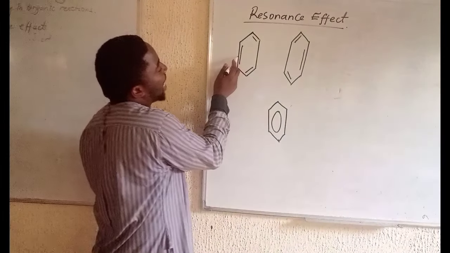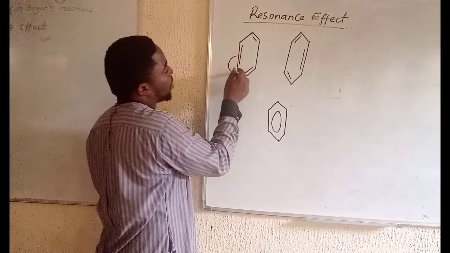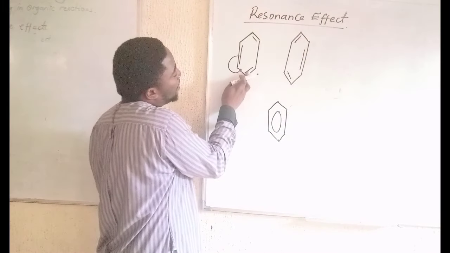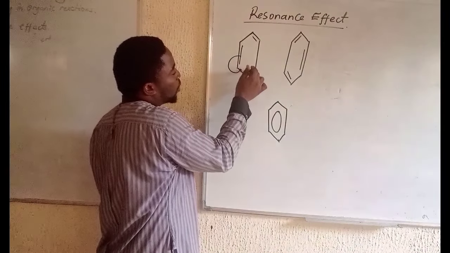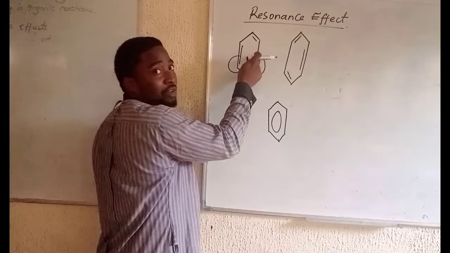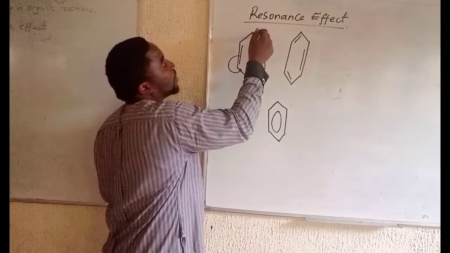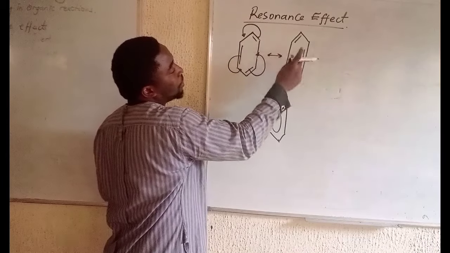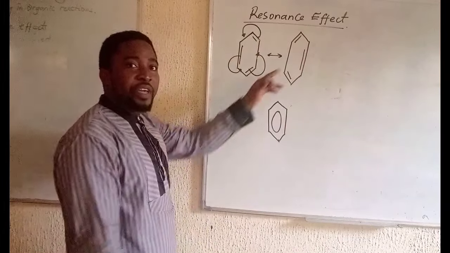So when the electrons in this bond drift from here to here, I hope you are seeing it from there, it will repel the electrons in this other double bond, causing them to shift from here to here. And then the presence of the electrons here will also trigger the ones here to shift from here to here, now resulting in another canonical structure, which is what we have here.